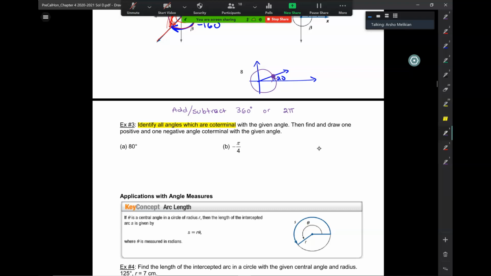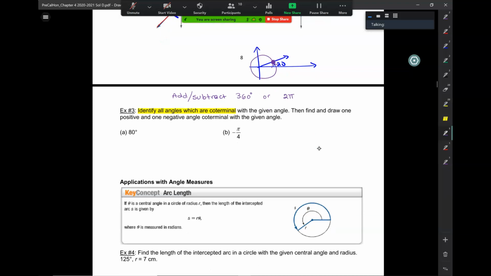We're obviously not going to list every single one, so we know there's a variable in here somewhere. To find all angles, I would take the 80 and add to it not just 360, but multiples of 360.